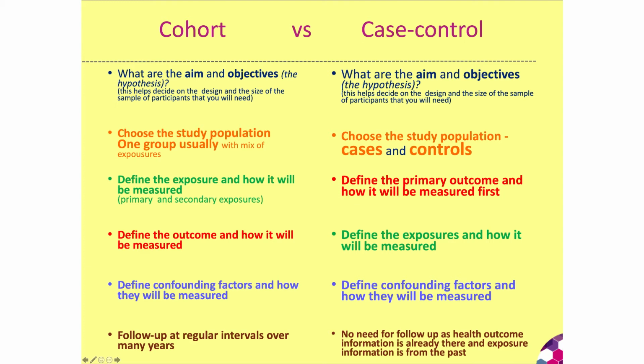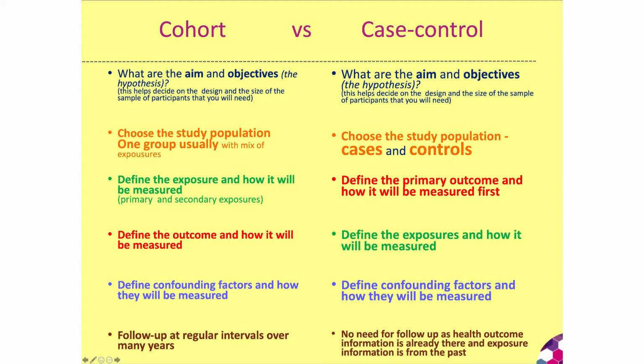Then in cohort studies, we define and measure the health outcome after we've measured the exposures and follow people over time, forwards in time. And then for case control studies, we define the exposure after we've measured the primary health outcome. And usually that's backwards in time. We're asking people to remember or to look at data that's been collected in the past about what kinds of exposures these study participants, these cases and controls, might have had.